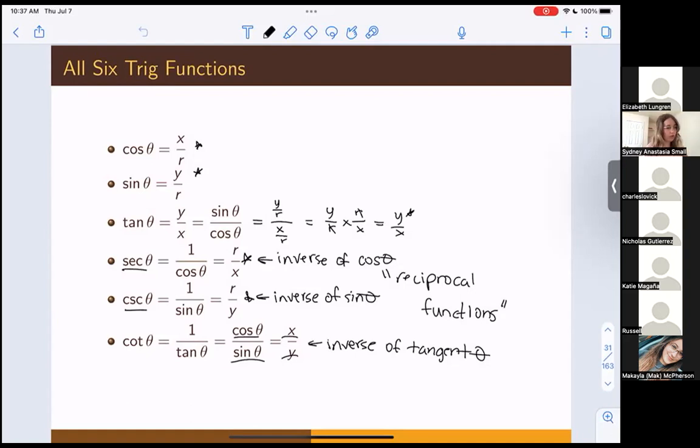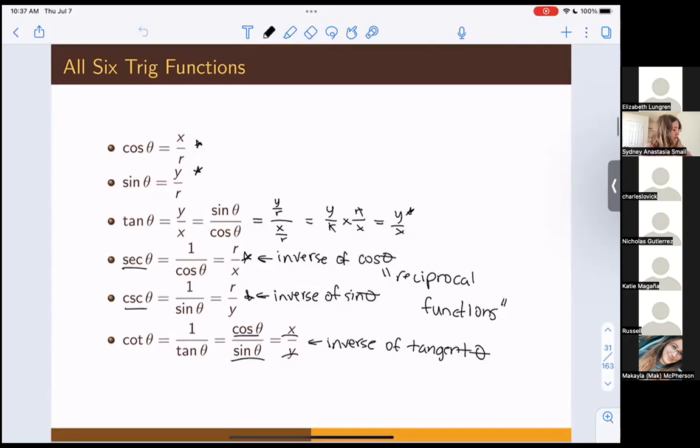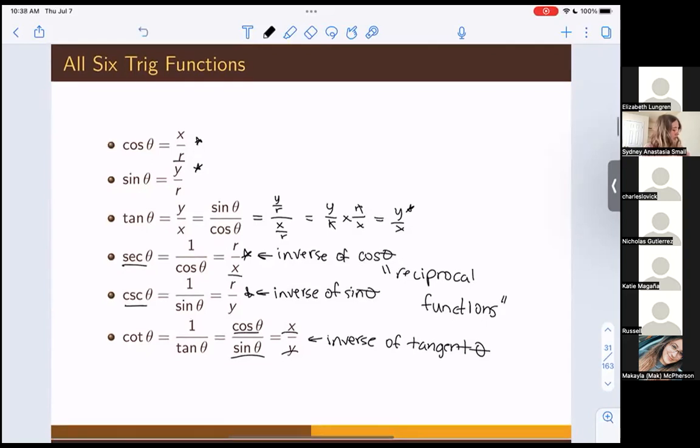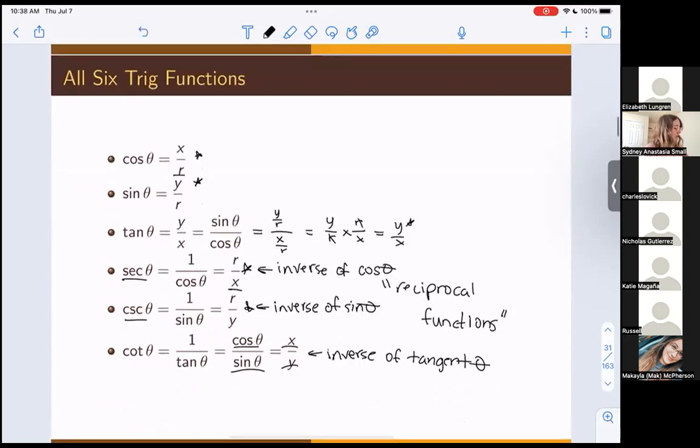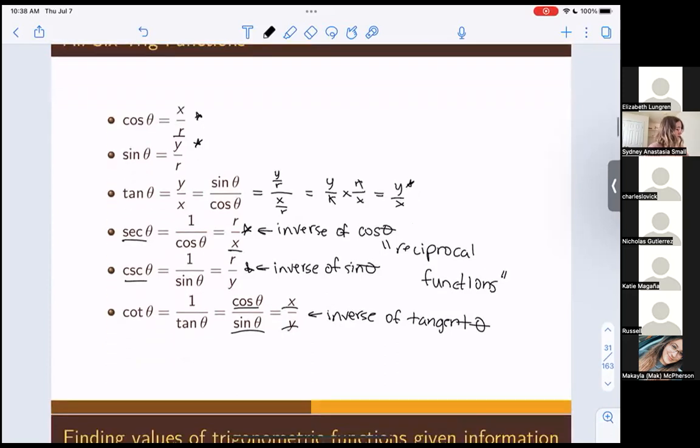It's 1 over the cosine, or we can just think about taking x over r and flipping it into r over x. Cosecant is the inverse of sine, so we can just flip y over r into r over y, or just 1 over sine if you're given the value for sine. Cotangent, instead of y over x, which is the slope as we talked about, it's just x over y. Okay, so let's get some practice using these a little bit more.